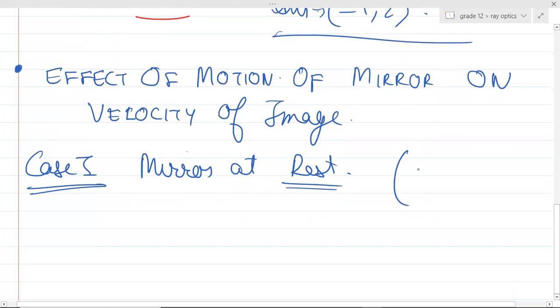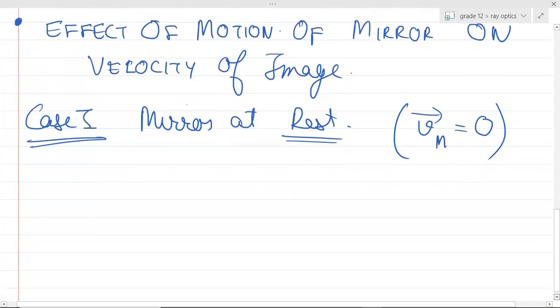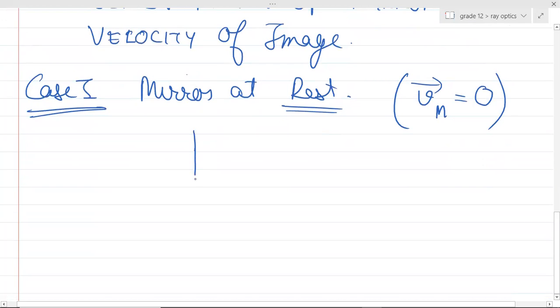So first, here I am taking the velocity of the mirror with respect to ground as 0, right? That implies the mirror is over here. Yes or no? The object is over here. I'll just explain with the help of examples. Hai na? Suppose the object is moving towards this with a speed of 2 meter per second.